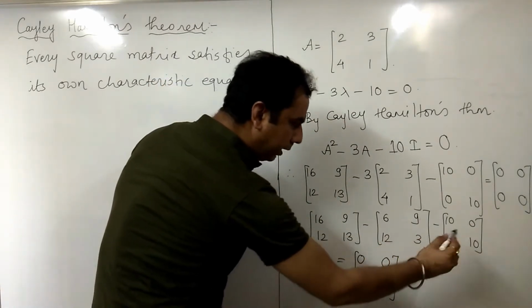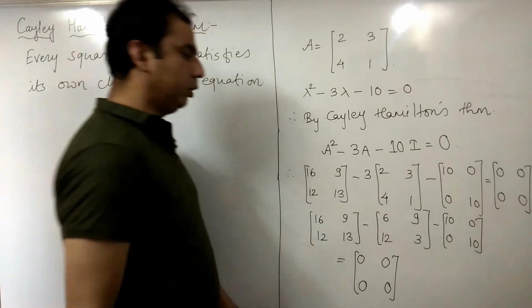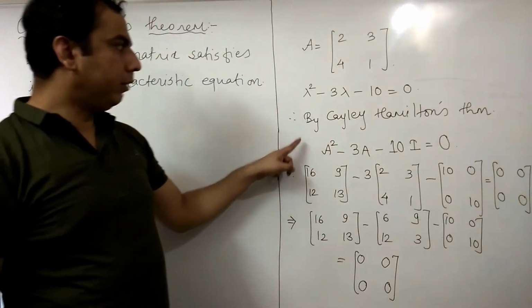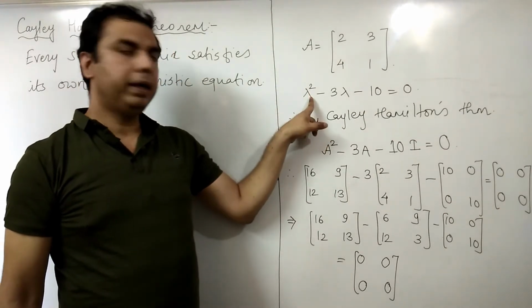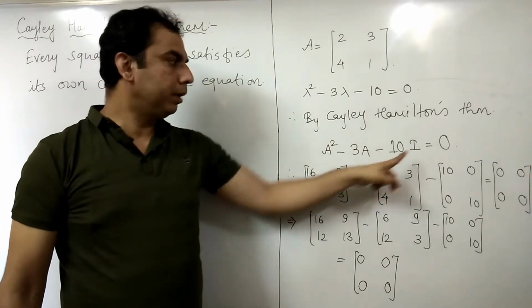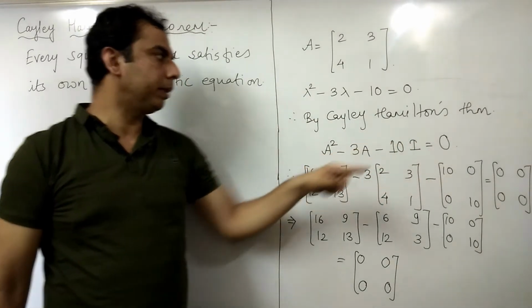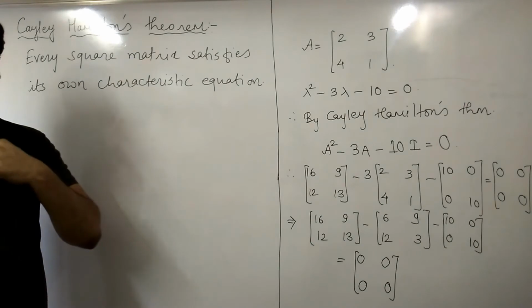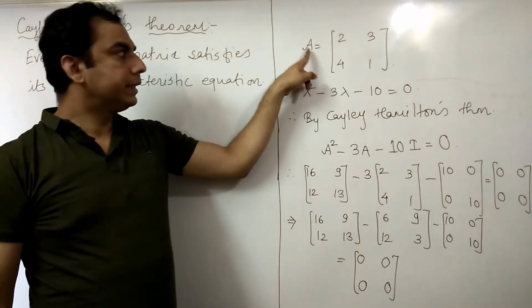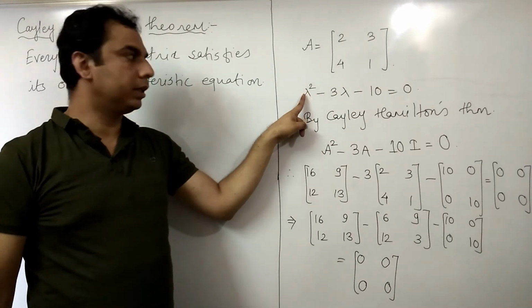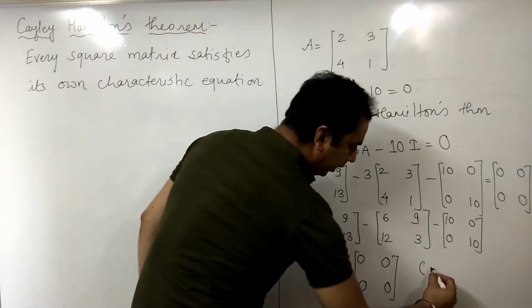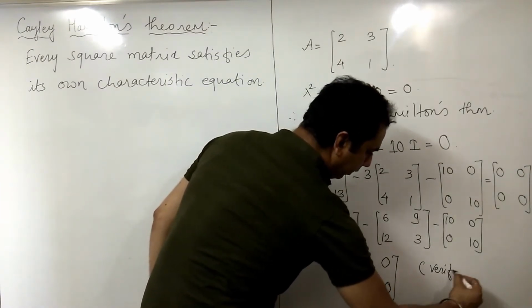And 13 minus 3 minus 10, again 0. So when we replace lambda by A, we get the null matrix on the right hand side. This is nothing but the statement of Cayley-Hamilton theorem, that every square matrix A satisfies its own characteristic equation. So we can say that the Cayley-Hamilton theorem is verified.